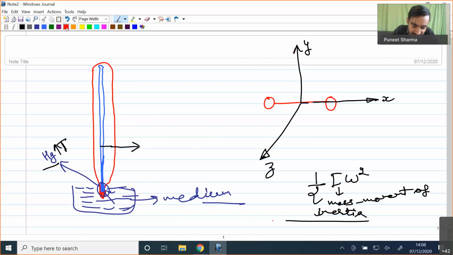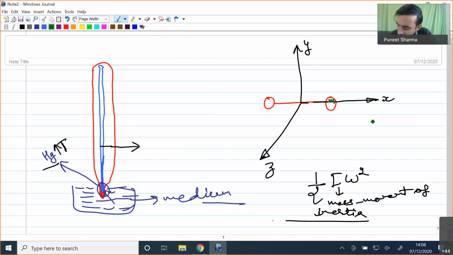Now what will happen about the x-axis? The x-axis is exactly coinciding with the molecular position. So the mass of the molecule will be exactly on the x-axis.